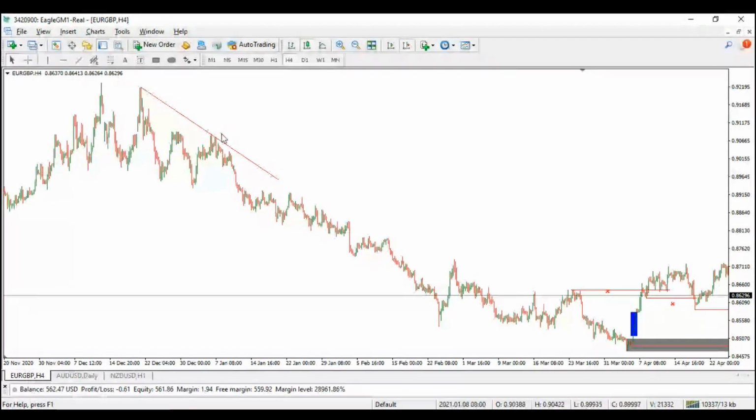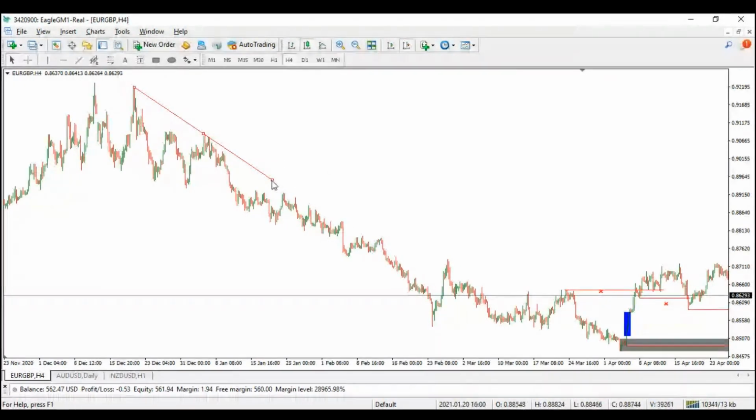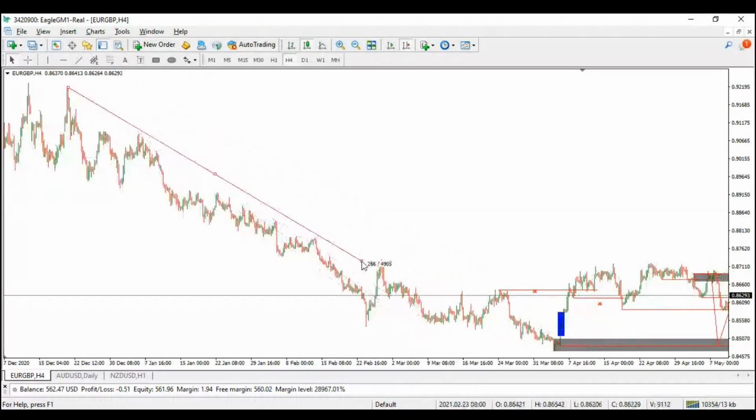Then you want to drag it into price. Sometimes you might need to adjust it properly like this, but let's just focus on this right there. Okay, 2 points in price.